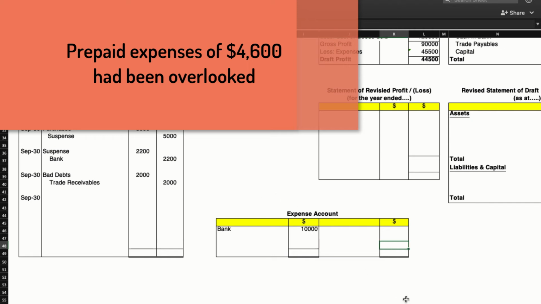So we need to credit this expense account. We need to reduce this expense by $4,600 because that amount belongs to the next year. So $4,600 we are supposed to write on the credit side, as a balance carried down.